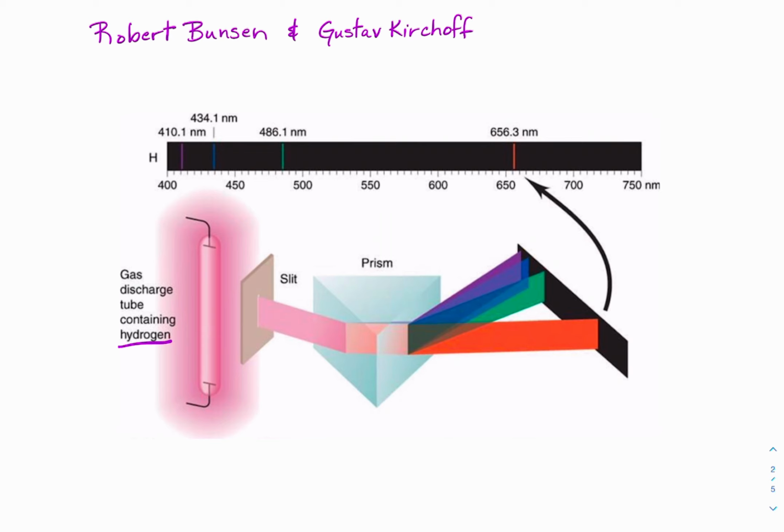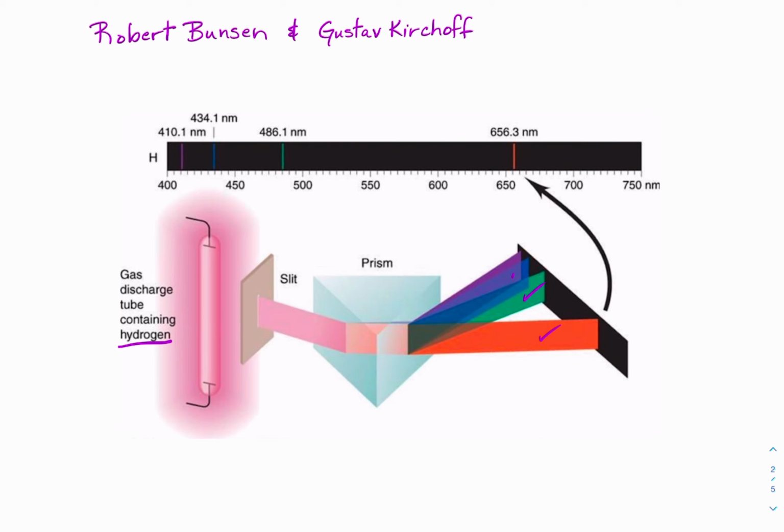You can narrow down the light being emitted from hydrogen when it's electrically charged through a slit and pass that through the prism. It turns out for hydrogen, you don't get an enormous amount of wavelengths of color. In fact, most of the visible spectrum is black, and you only really see 4 different colors come through the prism itself.